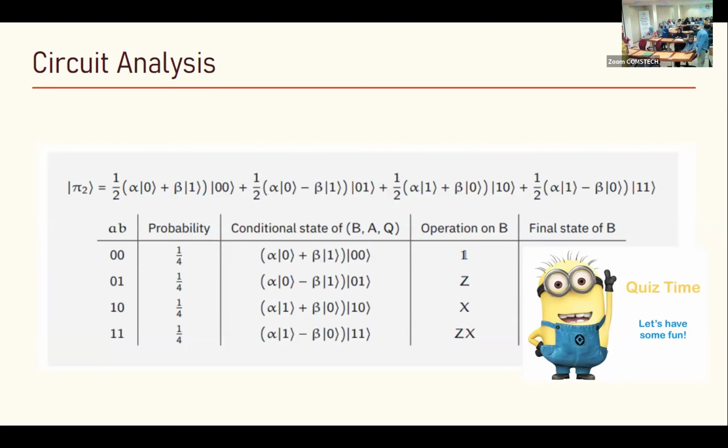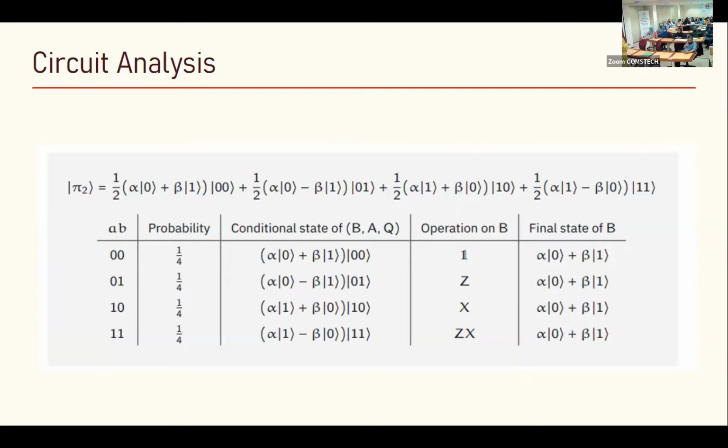So I wanted a quiz, but I don't think so. Every time we get the same state, and this is the state that we started with earlier, right? So what you all did right now is that you teleported alpha ket 0 plus beta ket 1 from one end to the other end using a classical channel that can carry 0, 0, 0, 1, 1, 0 and 1, 1 with equal probability, and can teleport the qubit from Alice to Bob.